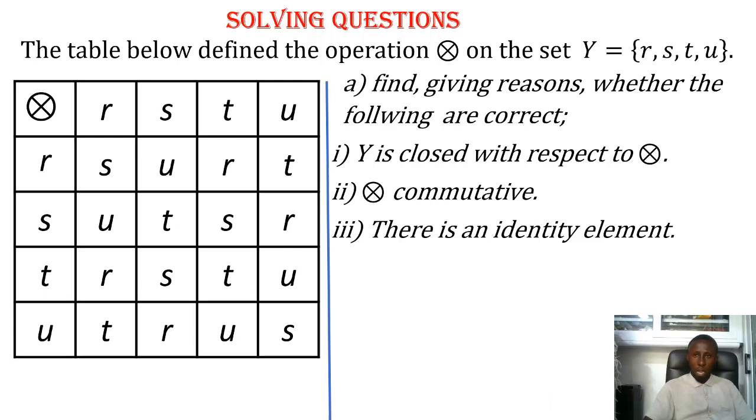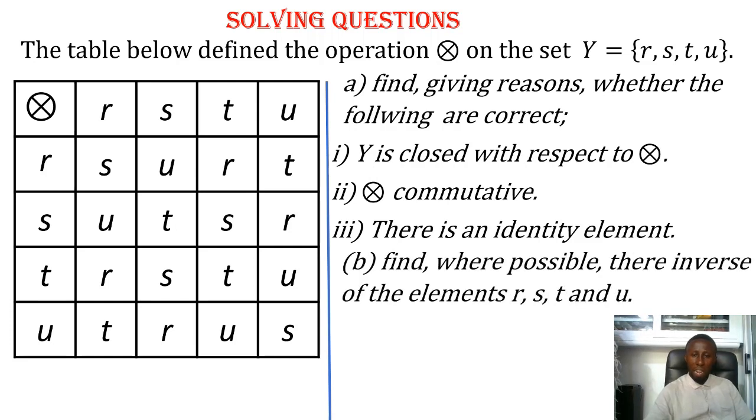The operation star is commutative. There is an identity element. So we will find out. B. Find, where possible, the inverse of the elements R, S, T, and U.